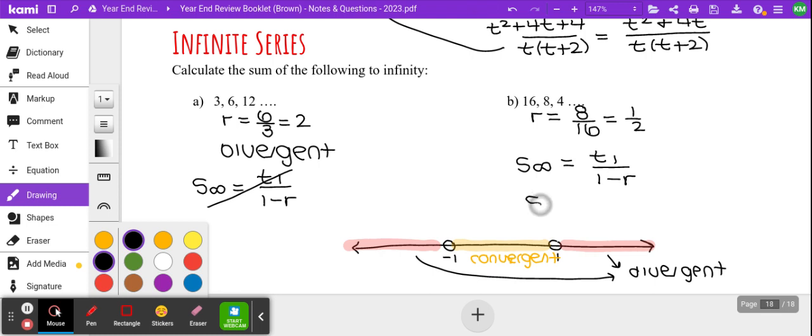Jeff, what is the first term of this one? 16. 16 divided by 1 take away 1/2. I would probably do my denominator first. It would give me a 1/2. 16 divided by 1/2 tells me that the approached sum, but not the real sum because it's not actually ever going to get there, is 32.